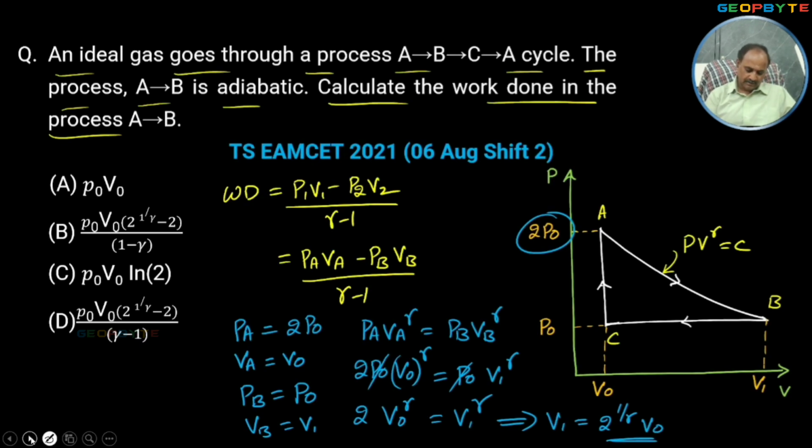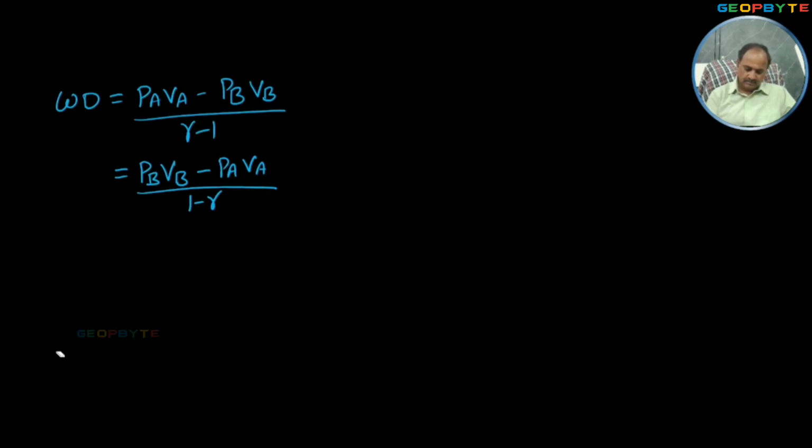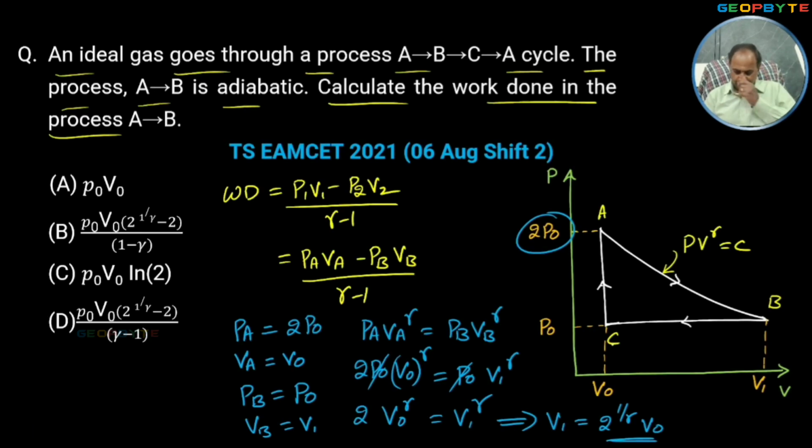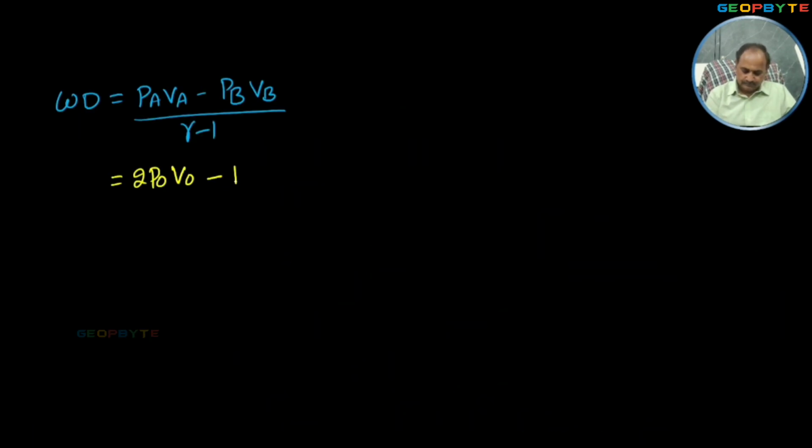No problem, as it is, you can take it. So look at the PA value. Pressure at A is 2P naught, volume at A is V naught, minus pressure at B, P naught, volume at B, V naught into 2 power 1 by gamma, divided by gamma minus 1.